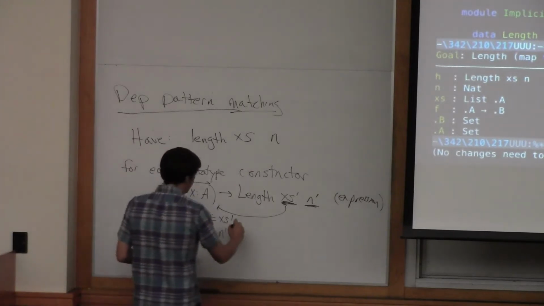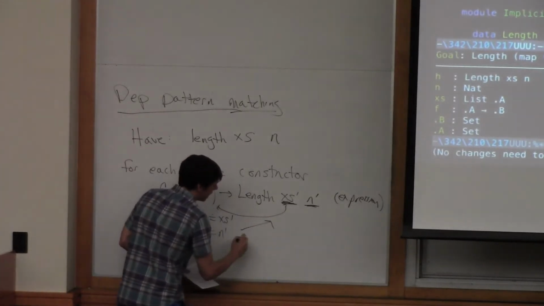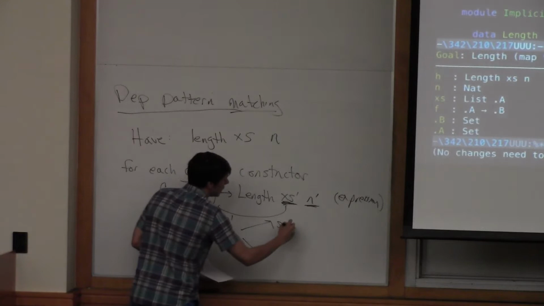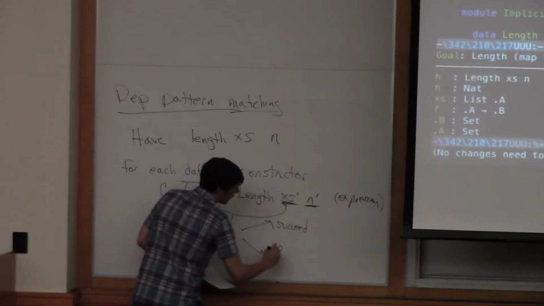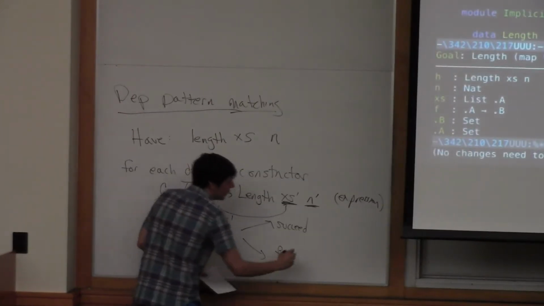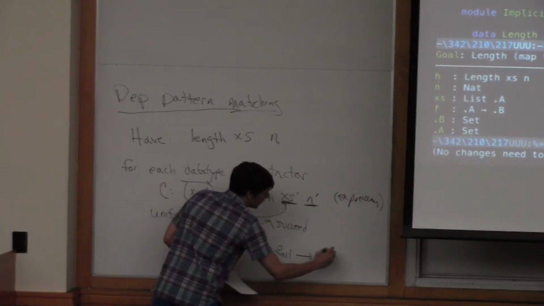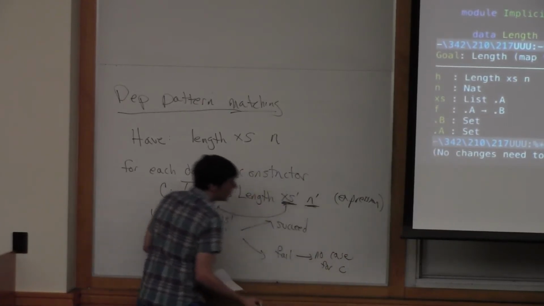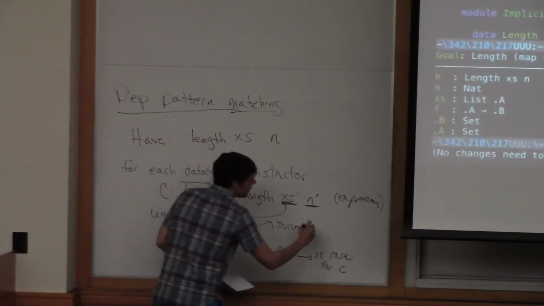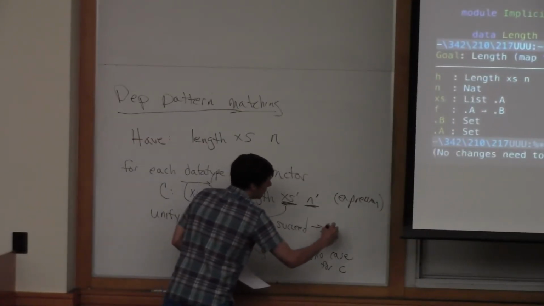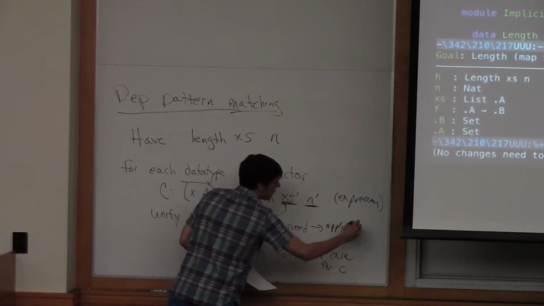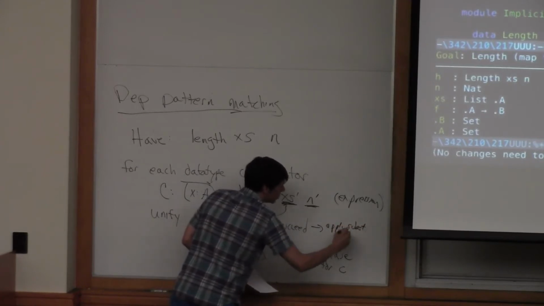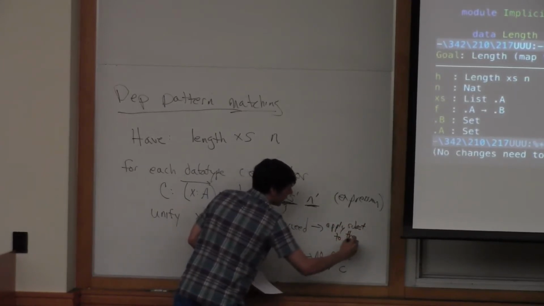And when you do this, unification is either going to succeed or fail. If it fails, then there's no case for the constructor C. And if it succeeds, then you apply the substitution that unification gives you to the clause.